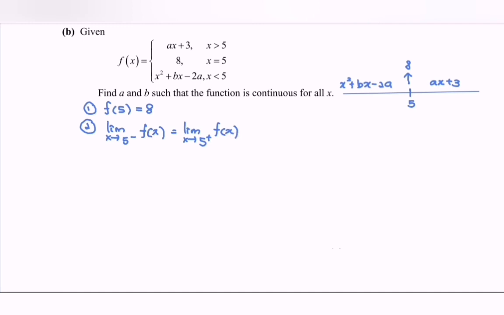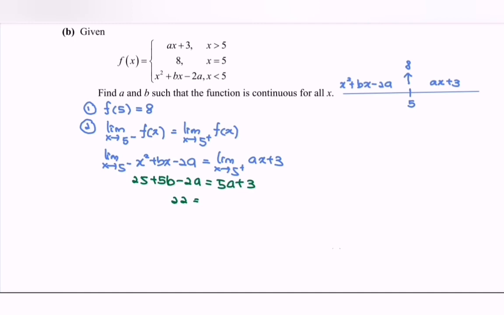Kindly substitute: limit when x approaches 5 from the left, x squared plus bx minus 2a, equals limit when x approaches 5 from the right, ax plus 3. So we have 25 plus 5b minus 2a equals 5a plus 3. Kindly rearrange the situation. Here we have 22 equals 7a minus 5b. That is the first equation.